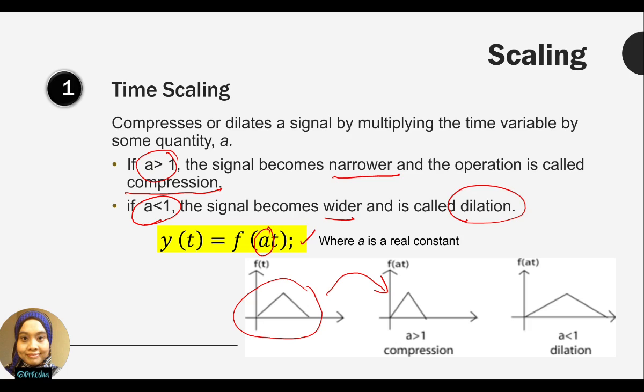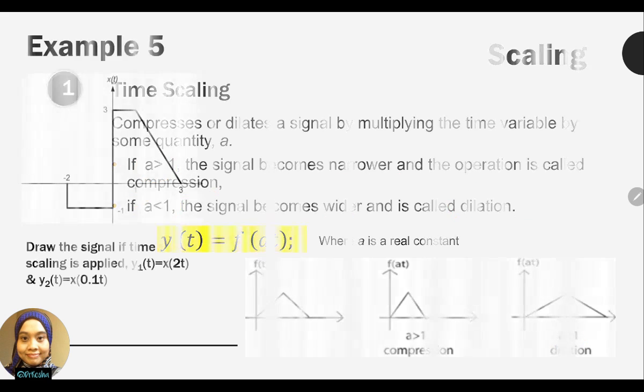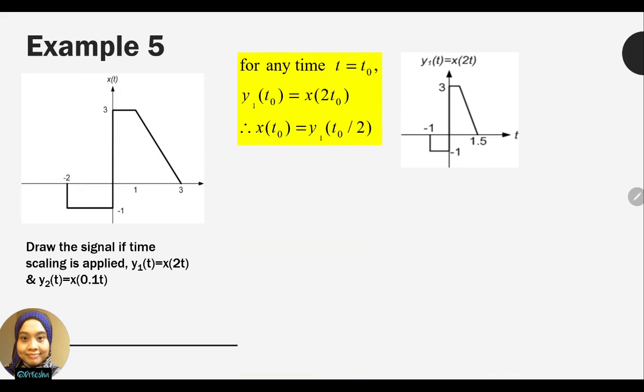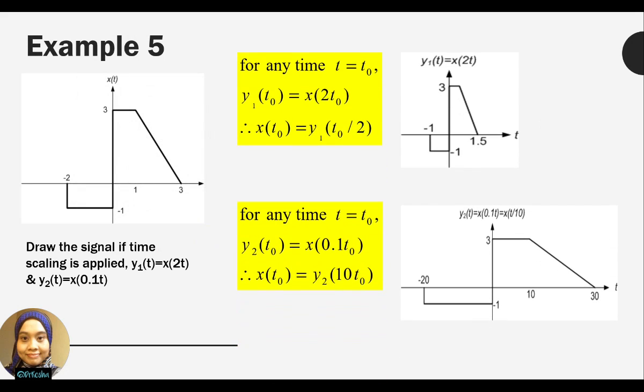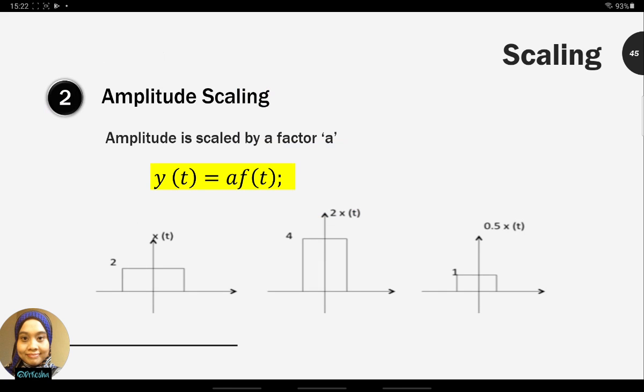But for less than 1, it becomes wider, like the function has been expanded to be this wide. That is for time scaling. I also provide some examples for you to understand better and do yourself during your free time, or maybe during our session in online classes.